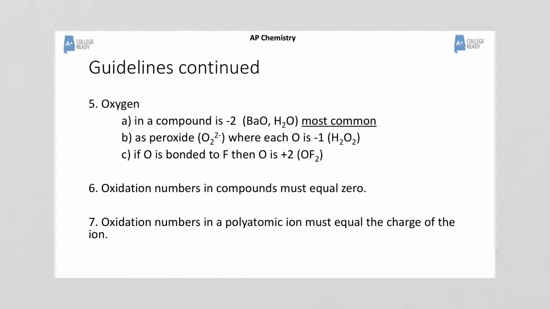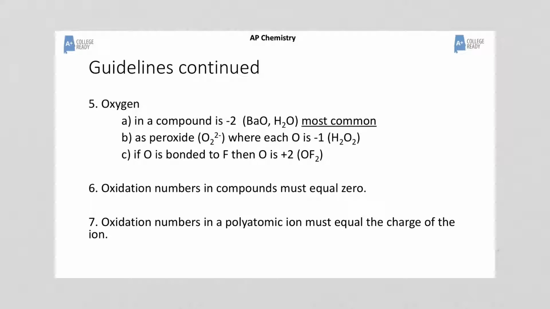So again, a peroxide like that is a special case. And then C, you'll see this very occasionally, but if we keep up with that fluorine rule where fluorine has to be -1, oxygen in that case is going to achieve a kind of odd oxidation number of +2. But fluorine does get to be -1, so oxygen would be +2 in that case.